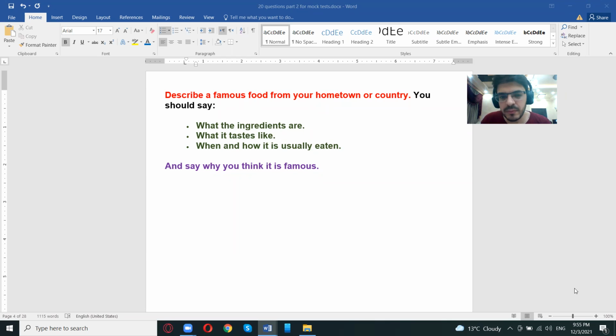Next, the point I want to make is that kabsa is really good. And the taste too: is it hot, is it spicy, is there a lot of spice? Yeah, it's spicy.